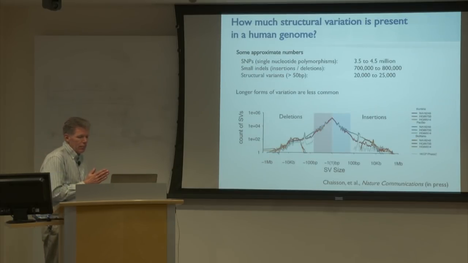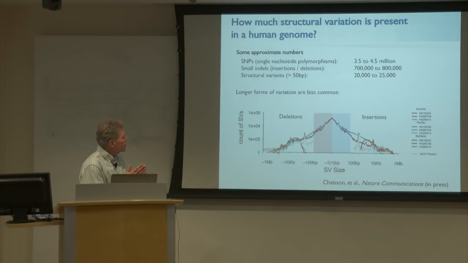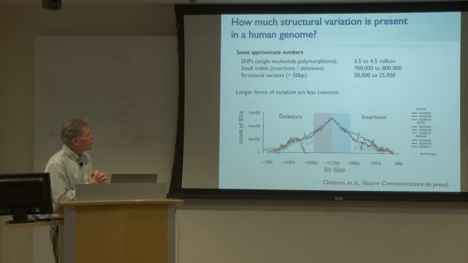This is a plot from a recent study that's in press at Nature Communications. This was a follow-on to the 1,000 Genomes Project, where 3 trios were analyzed with a whole bunch of technologies, a lot of PacBio data, but also BioNano and Illumina data, and a little bit of Oxford Nanopore at the end, to try to do complete ascertainment, especially in the 3 children from these trios.